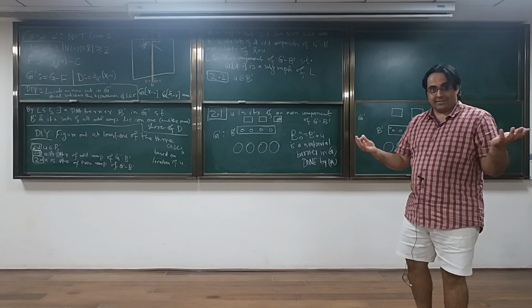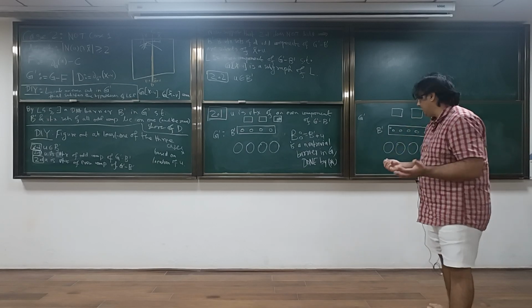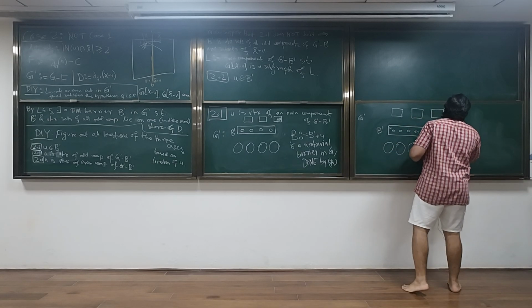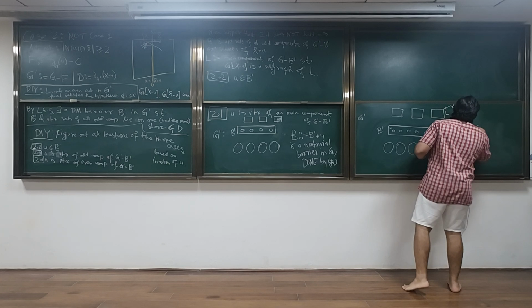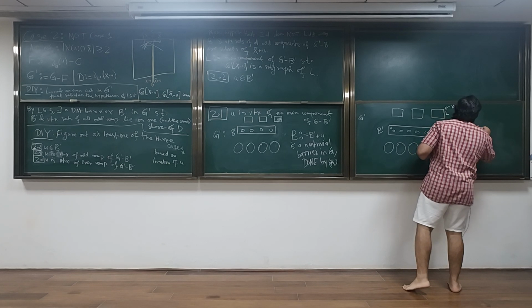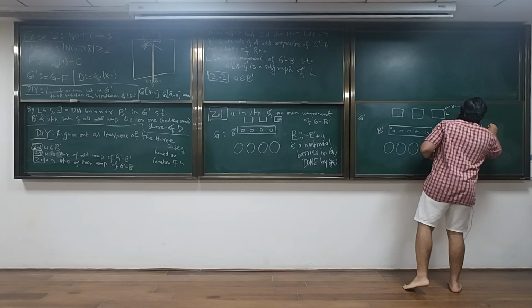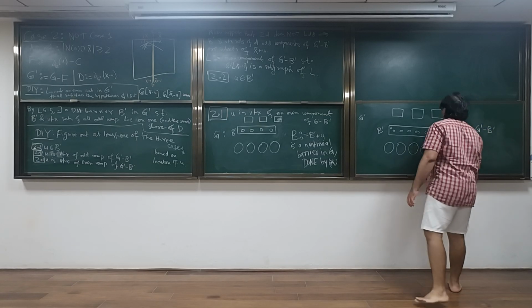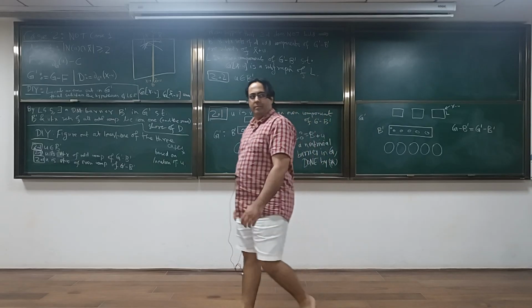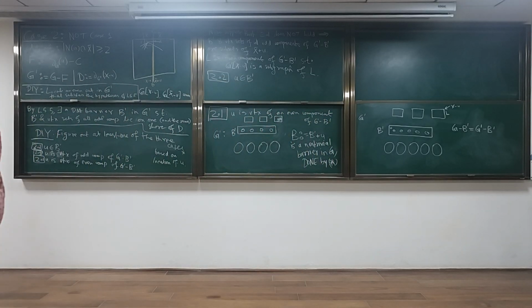All the edges are gone anyways. Observe that G minus B prime is exactly equal to G prime minus B prime. Everybody agrees with this statement? Those edges don't matter. They're deleted.